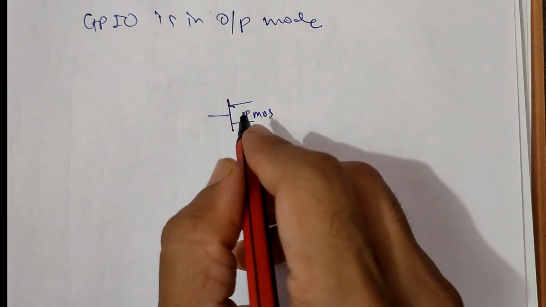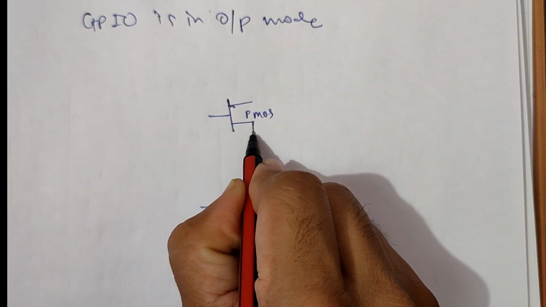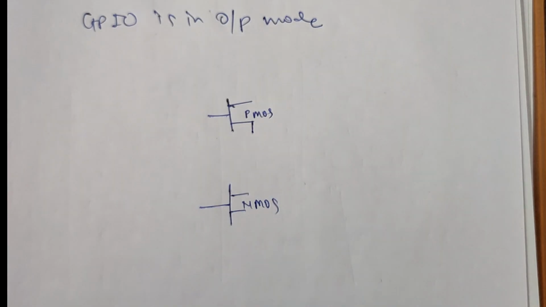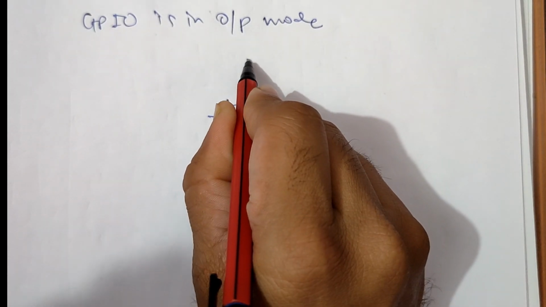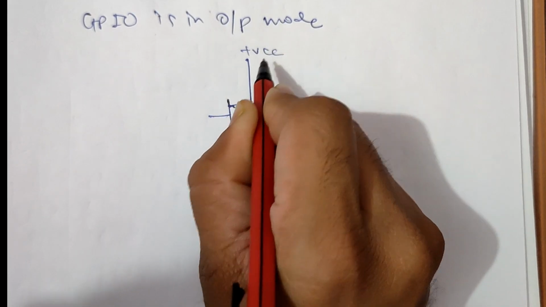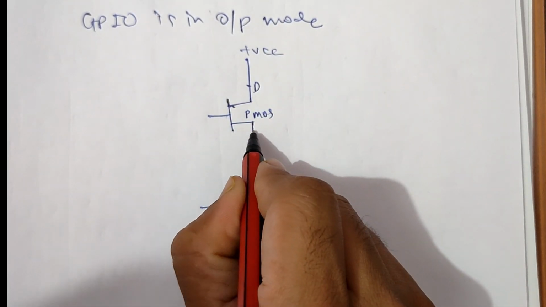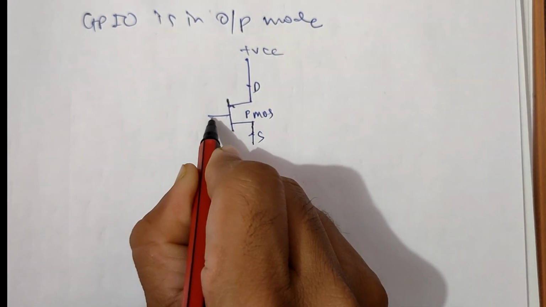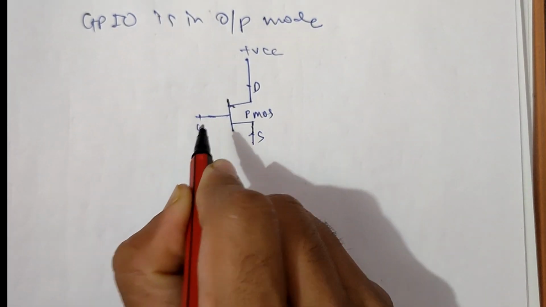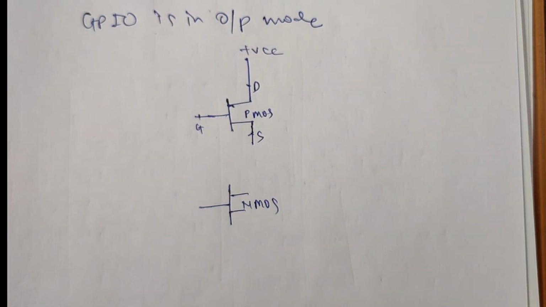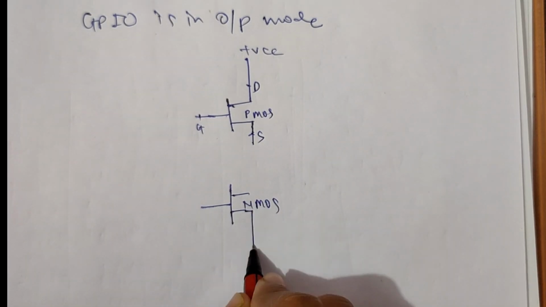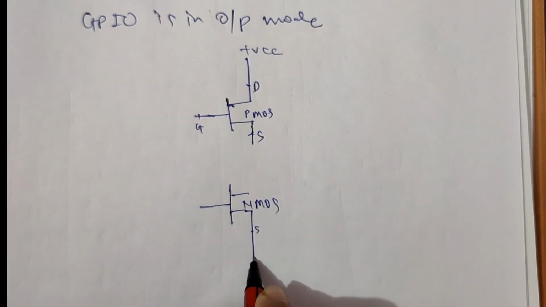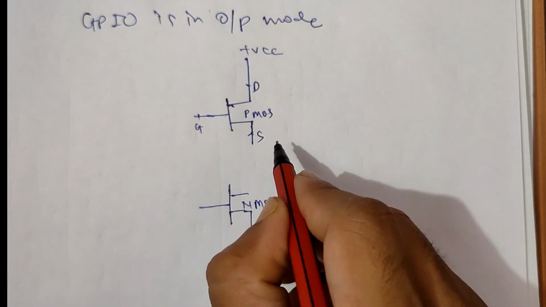The P MOSFET drain is connected to VCC. Here drain, source, and here gate. And the N MOSFET source is connected to ground, GND.